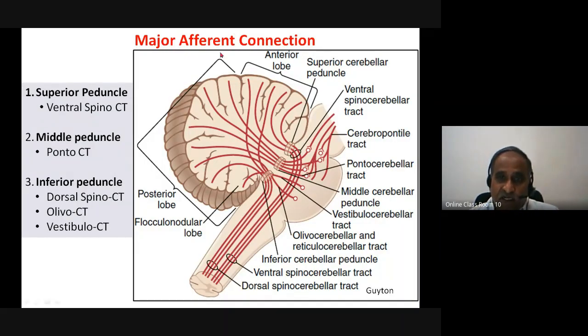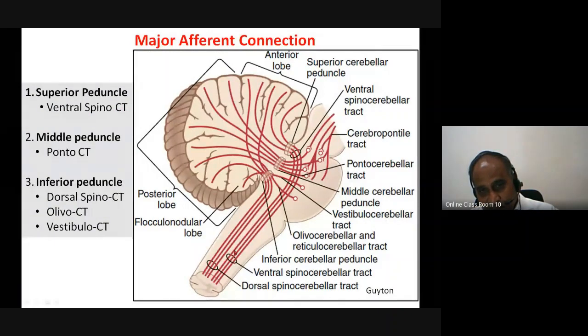The cerebellum is connected with the rest of the nervous system through three peduncles: the superior peduncle, the middle peduncle, and the inferior peduncle. Now, looking at the superior peduncle, this is connected with the ventral spinocerebellar tract.